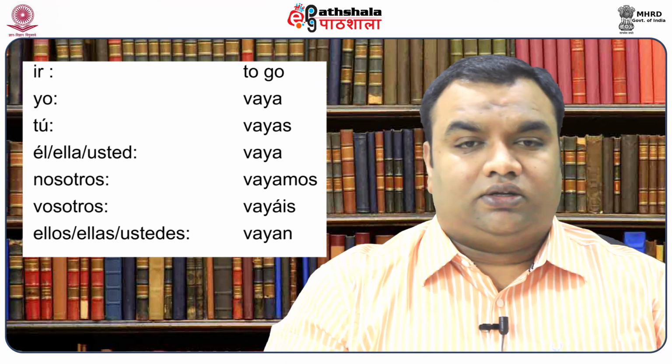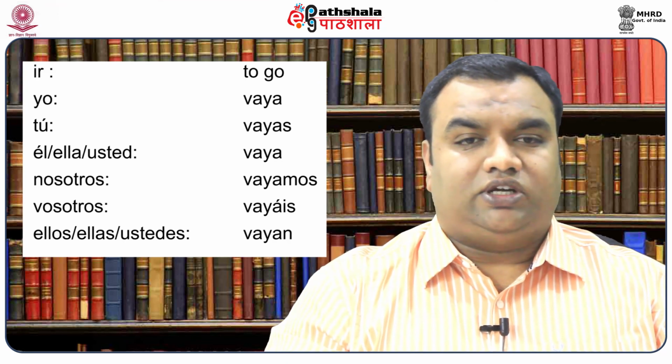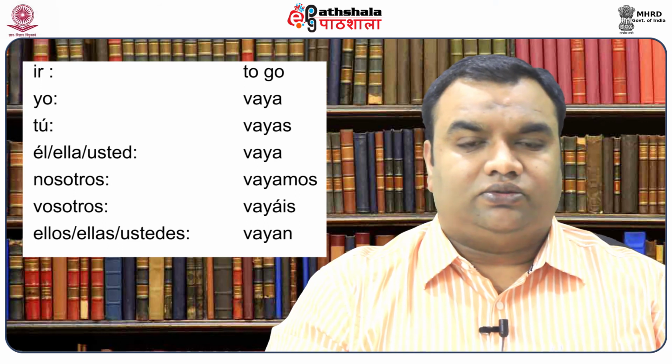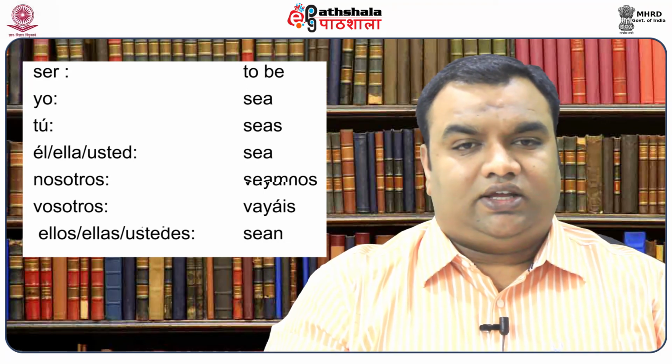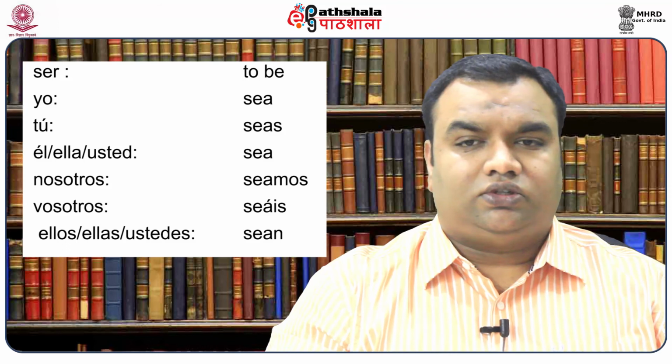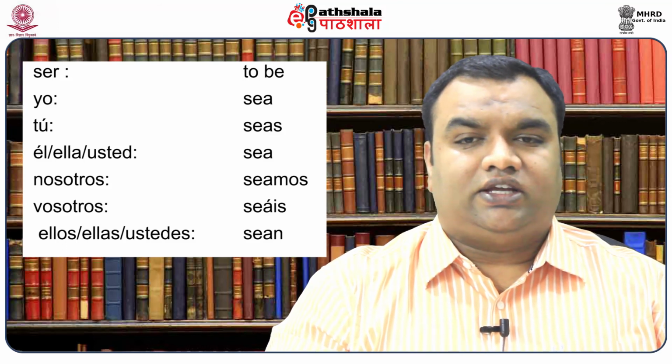Next is ir, which means to go, and in the subjunctive it is conjugated as yo vaya, tú vayas, él, ella, usted vaya, nosotros vayamos, vosotros vayáis, ellos, ellas, ustedes vayan. Ser, which means to be, is conjugated as yo sea, tú seas, él, ella, usted sea, nosotros seamos, vosotros seáis, ellos, ellas, ustedes sean.